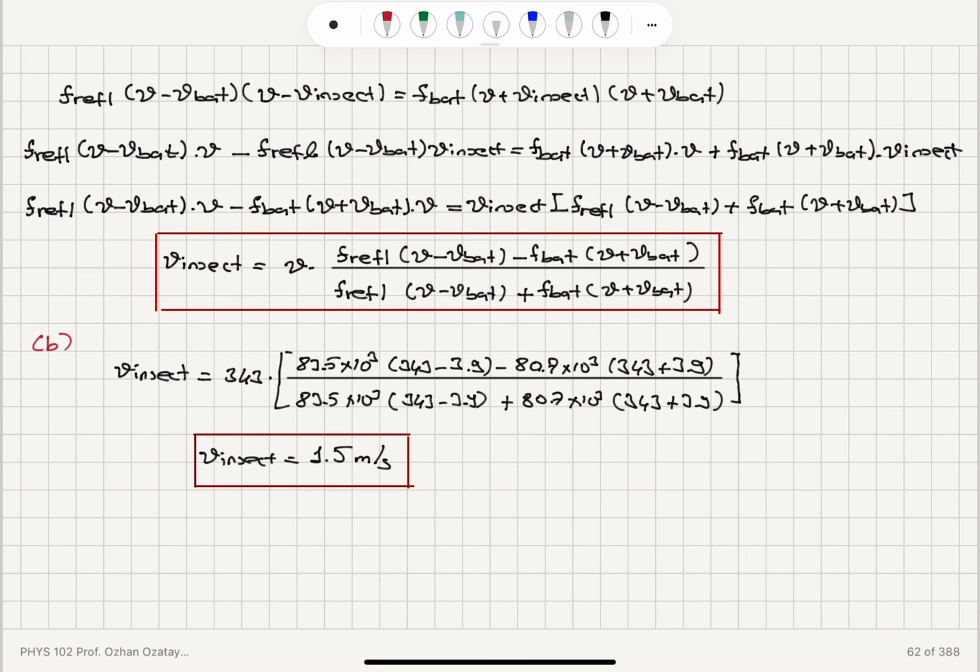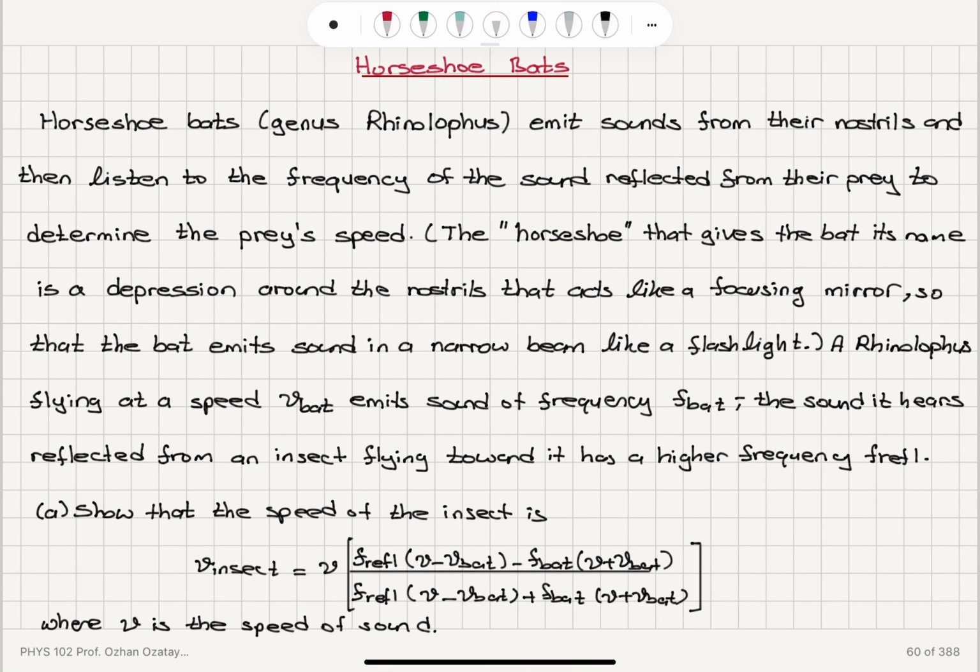Okay, so in this problem we have a horseshoe bat who has an interesting depression around the nostril that acts like a focusing mirror. The bat emits sounds in a narrow beam like a flashlight. The frequency emitted by the bat will be detected by an insect flying toward it.